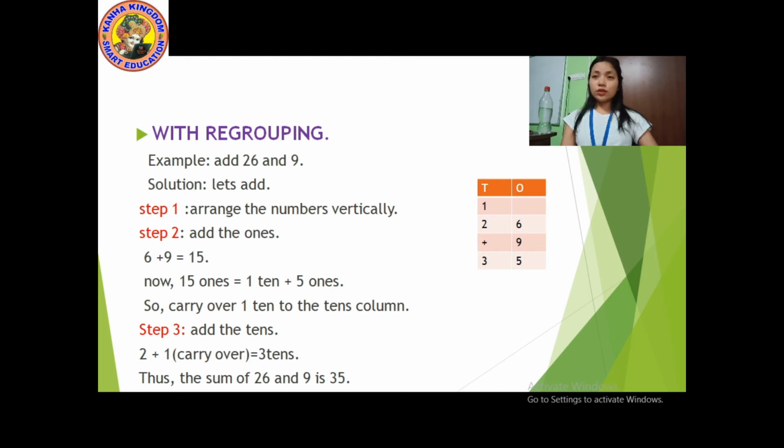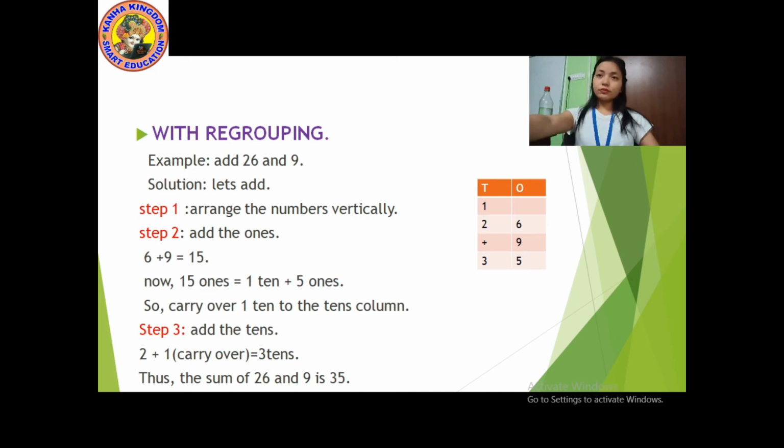So 2 is already there, so we should add 1 with 2. While adding 2 with 1 we will get 3 tens, right? So write 3 in the tens column. Thus the sum of 26 and 9 is 35.